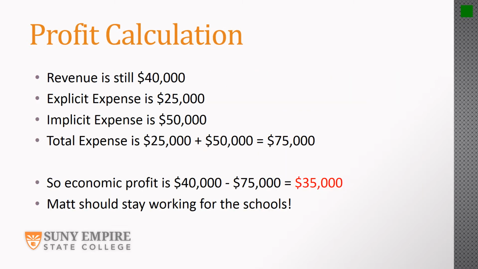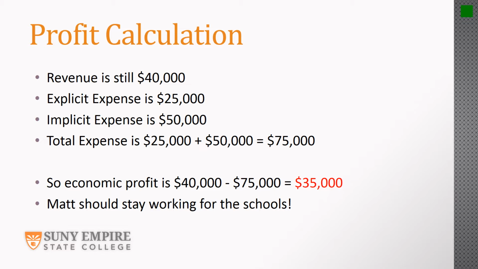Much of the information is the same as that required to calculate the accounting profit. The revenue is $40,000, and the explicit cost is $25,000. However, Matt chose to forego the salary he could have earned by working for the schools. That total salary of $50,000 becomes an implicit cost.